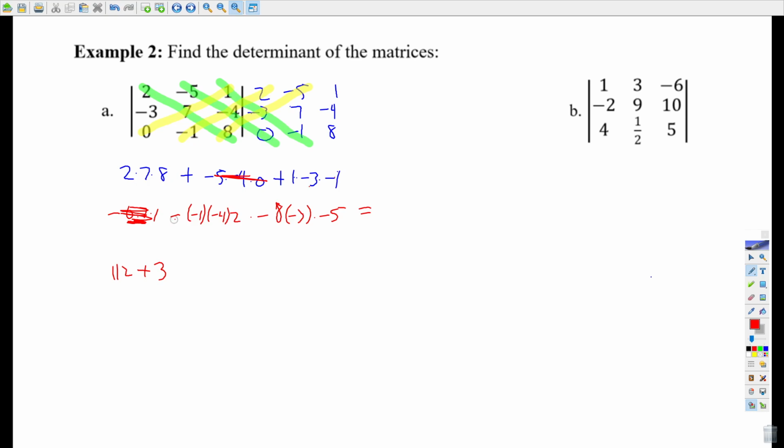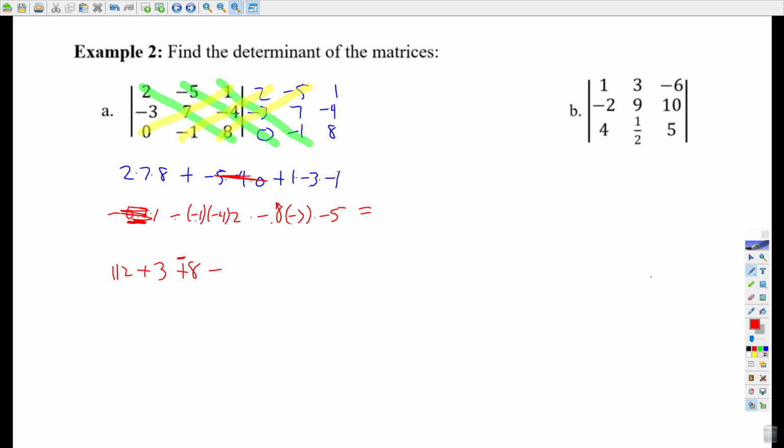Down here we have a negative times a negative, which is positive, times another negative. So that's going to be a negative 4 times 2, which is 8. And then the last one, negative, negative, positive, times another negative, so it'd be negative. Oh, this is negative 8 too. Yeah. So this one we know is going to be negative. It's going to be 8 times 3, and then multiply it by 5.